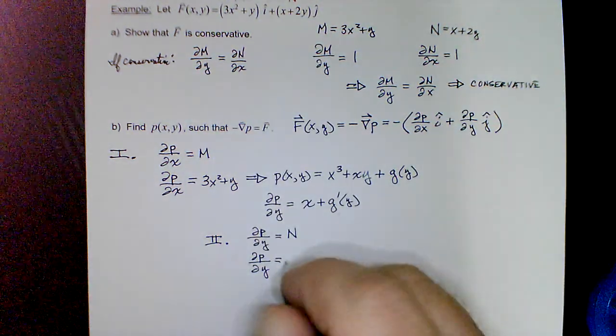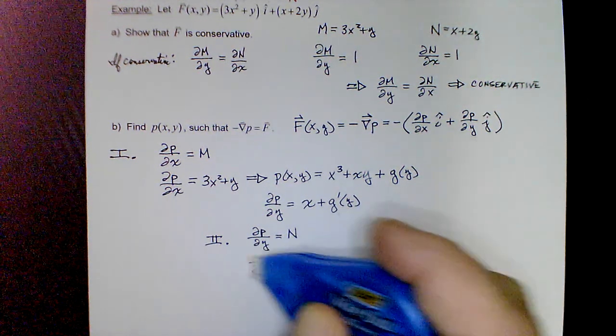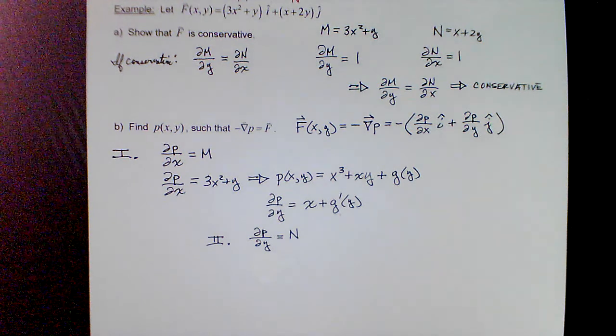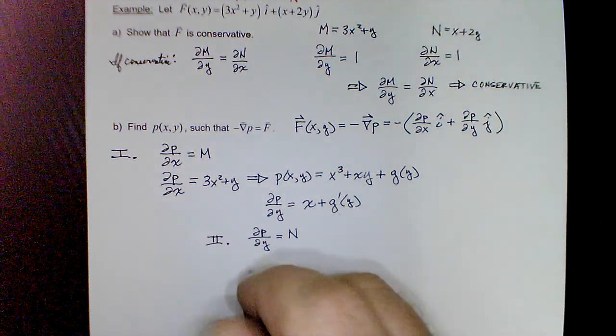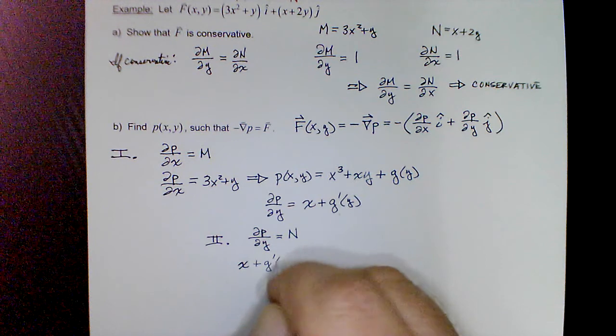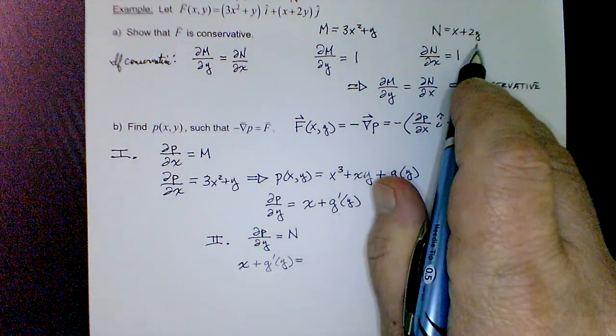N was x plus 2y. But actually, I'm sorry, what we'll do is replace the partial of P with respect to y, of course, by what we just found. So x plus g prime of y must equal, okay, and then N is x plus 2y.